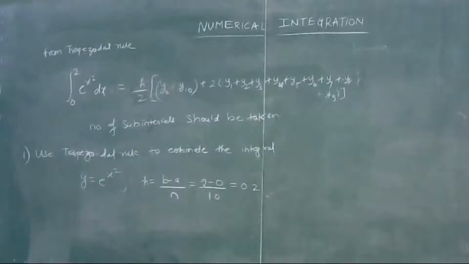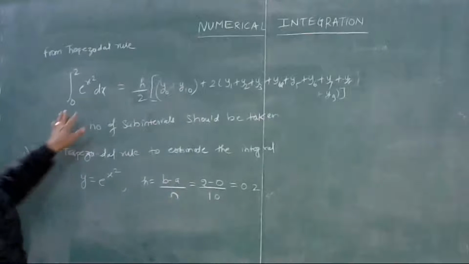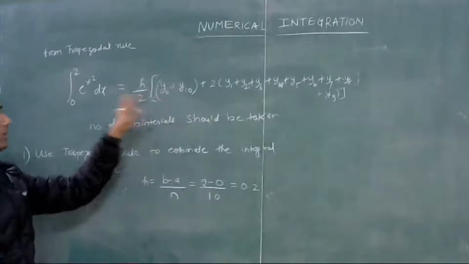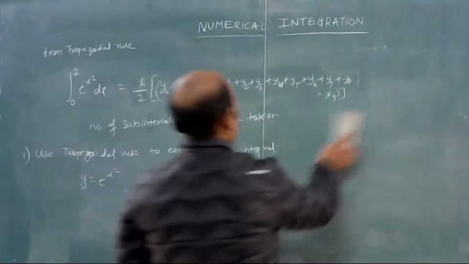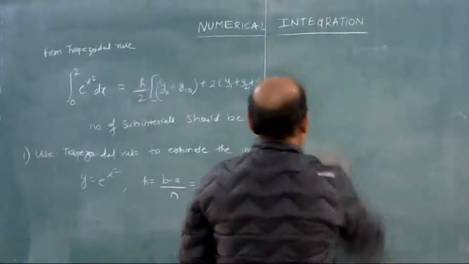First you have to remember this formula, the trapezoidal rule. Here you require the values of y0, y1, y2 up to yn.